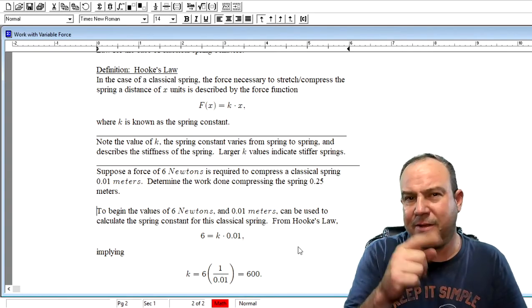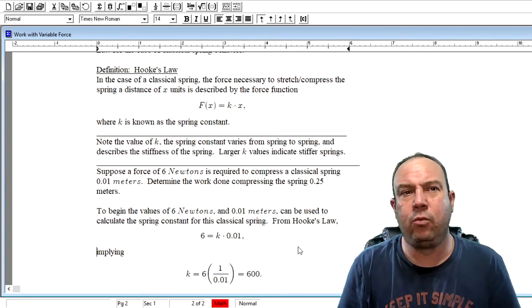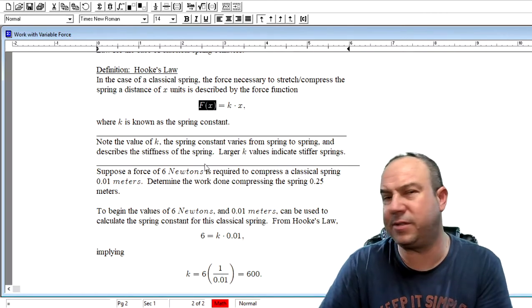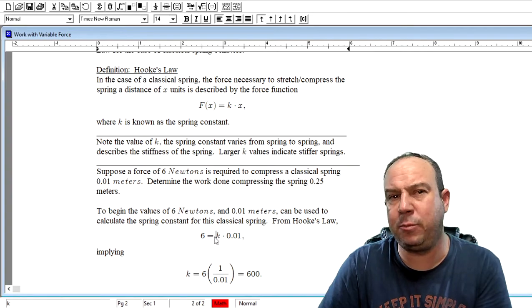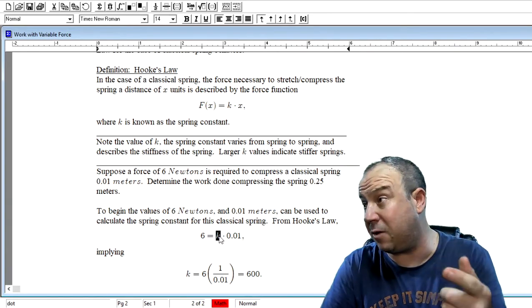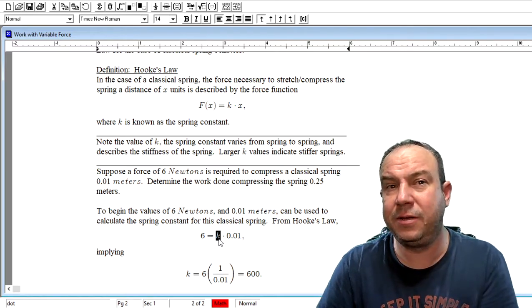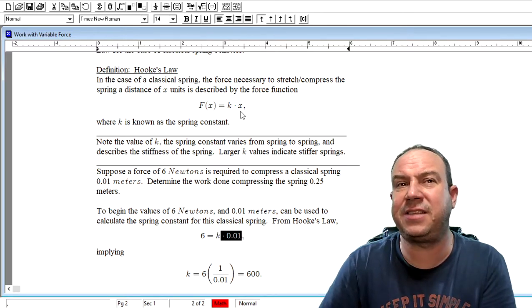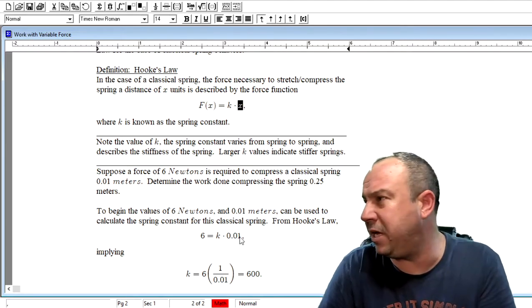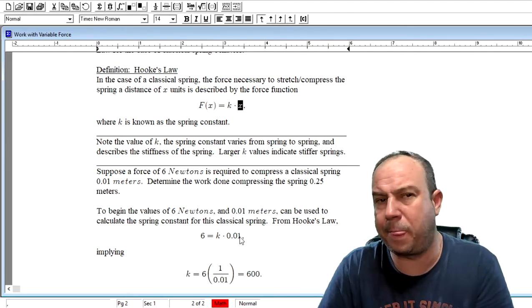From Hooke's law, we would be able to say that 6, this force, must be equal to that spring constant that we don't quite know, but we're going to figure out with this information, times the distance that we've compressed the spring, x, 0.01 meters, or 1/100th of a meter.